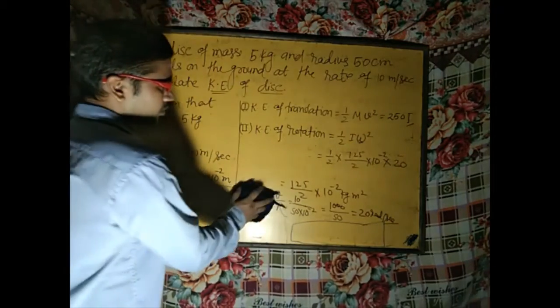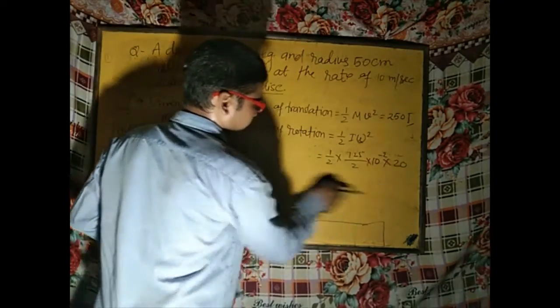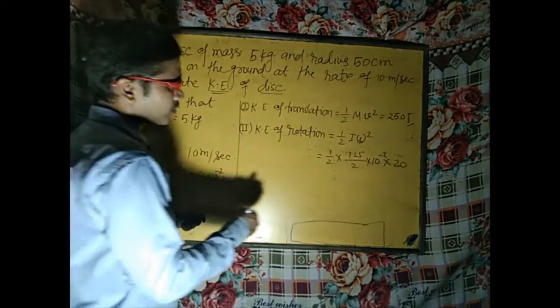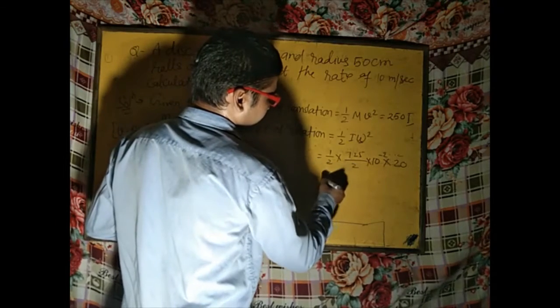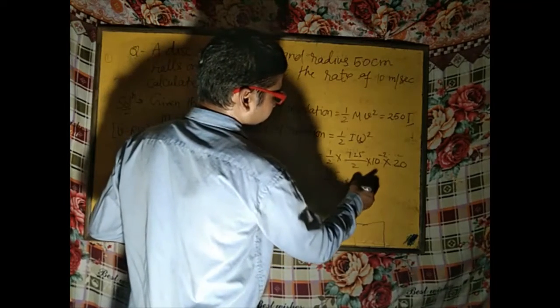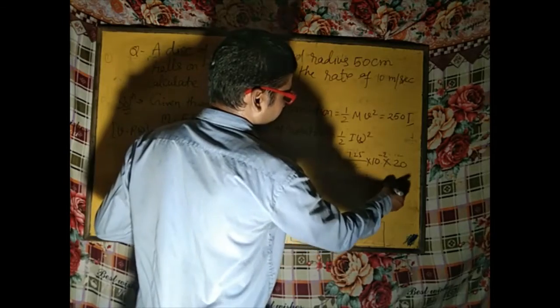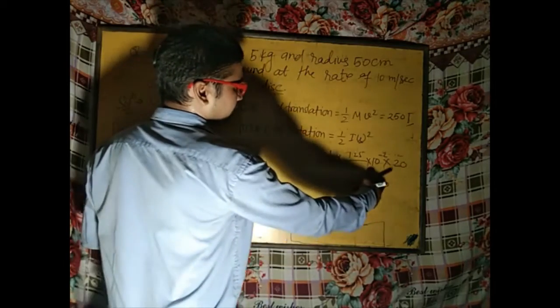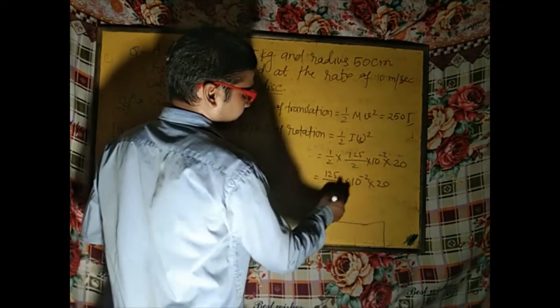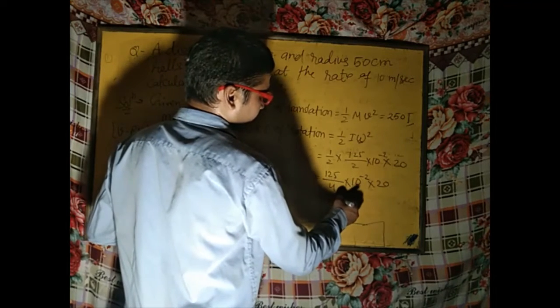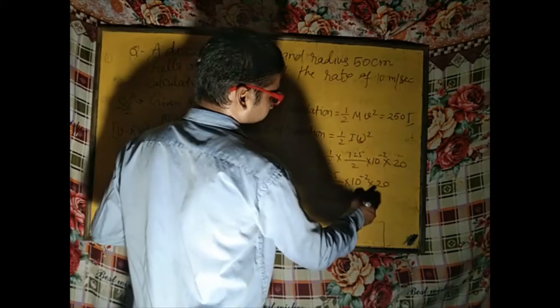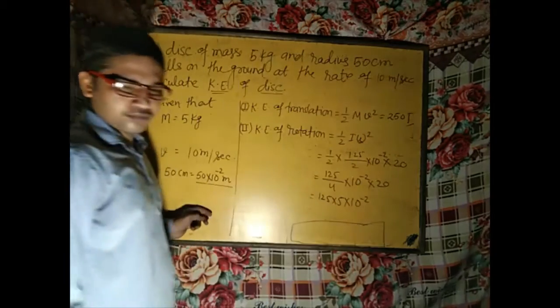Okay, so I am going to erase this part. You can write here, this is 125 upon 4 into 10 to the power minus 2 into 20. Now you can cancel out this by 5. So this one is 125 into 5 into 10 to the power minus 2.